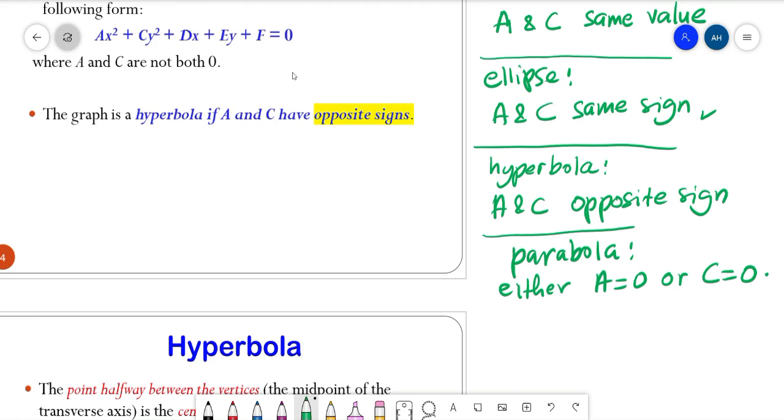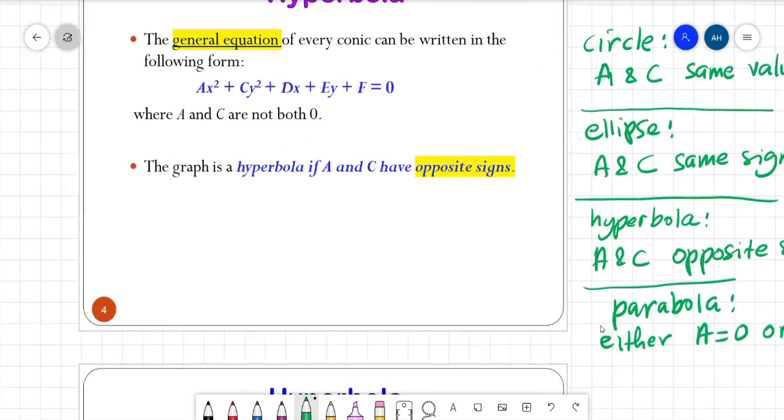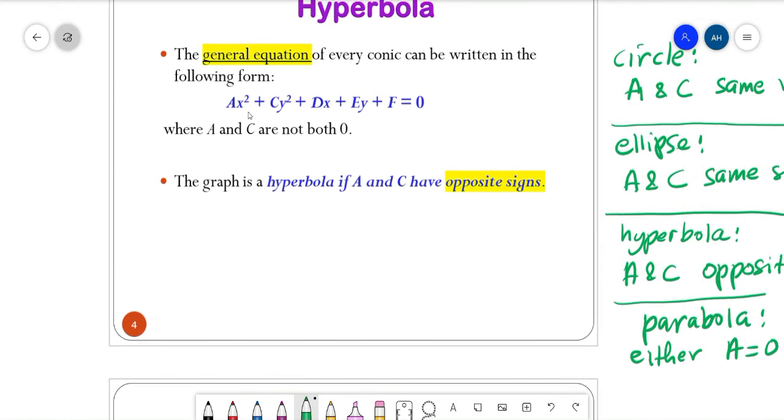If we look at this equation, I mean the first two terms, the x square part and the y square part, for a parabola, one of them is missing. For example, when we see the equation and we don't have the x square component, then we know that equation represents a parabola.